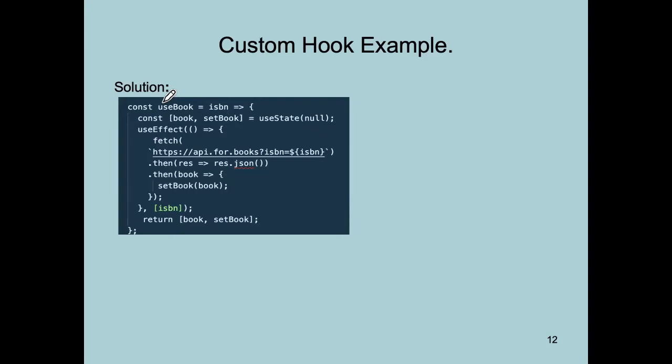And I've told you before about the fact that you can only invoke a hook at the top level within a component. You can't bury a hook invocation inside, let's say, an if statement or inside a for loop. That's not permitted.